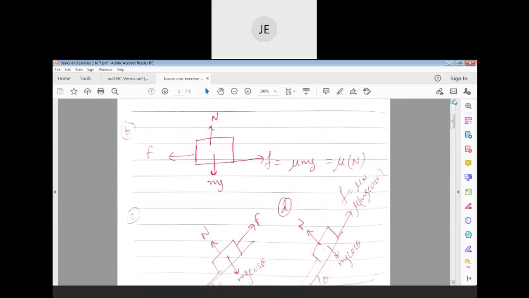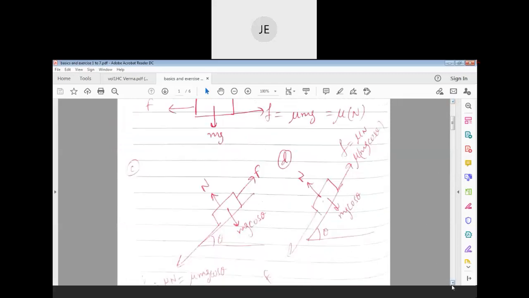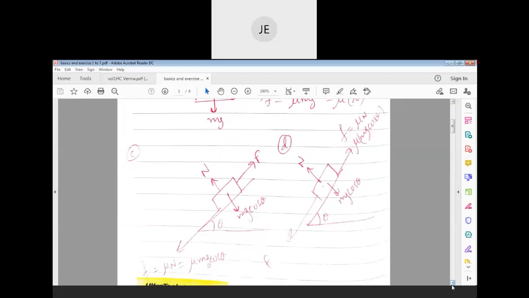All of you, did you understand these diagrams, free body diagrams for inclined surface? C and D. Sir, that D1, can you explain once? Okay. So if the body is sliding down, if net force is downwards, frictional force will be upwards.